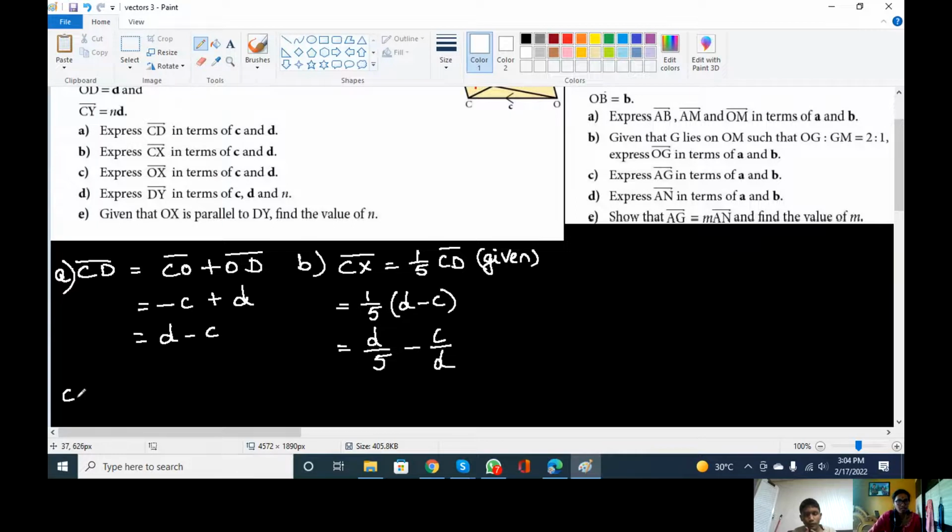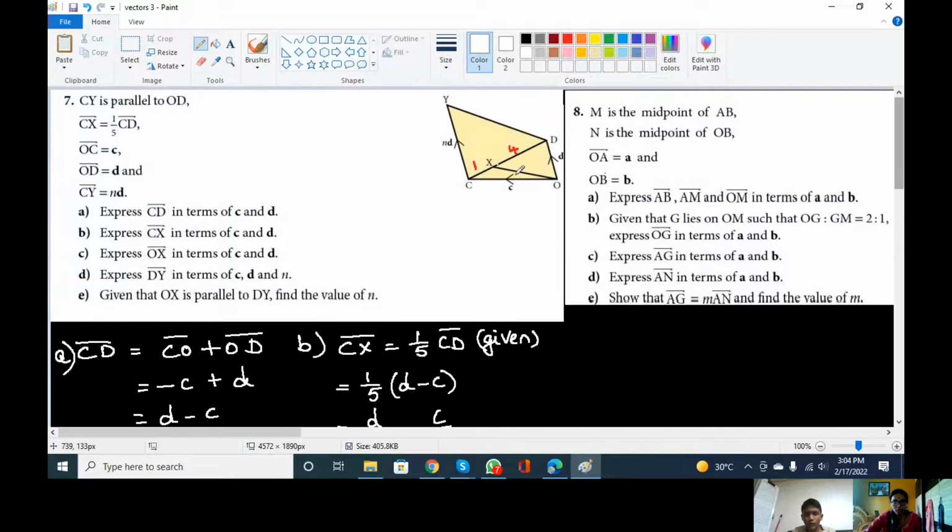Next, question C. Express OX in terms of C and D. So, where is our OX? O to the X. We know the CX and we know the OC.